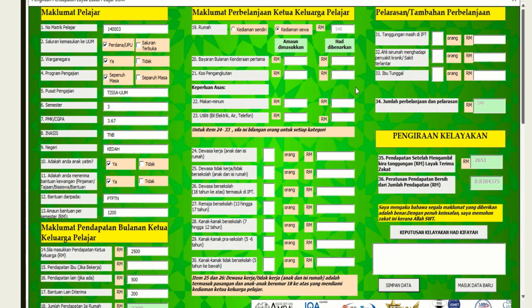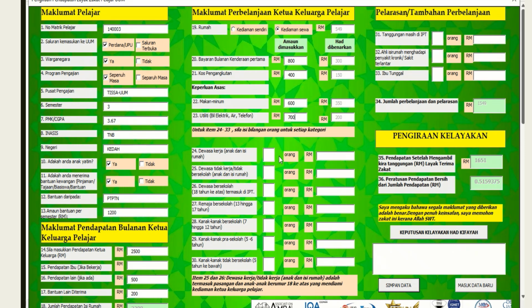Also the rest of the expenses, for example, car, if the car monthly is paid in the amount of 800, but the had kifayah is only 300. So for the rest of the expenses, the had kifayah is only limited to a certain amount.